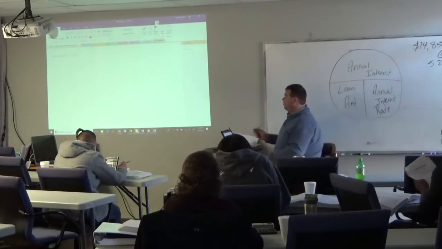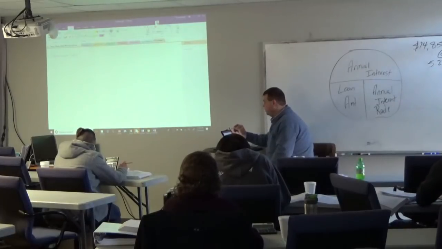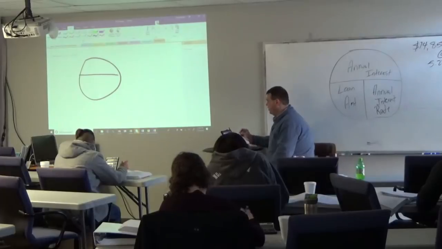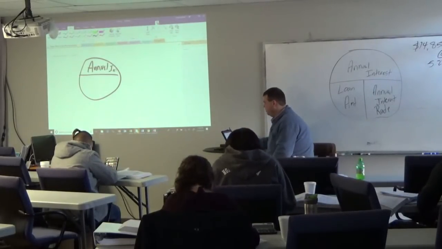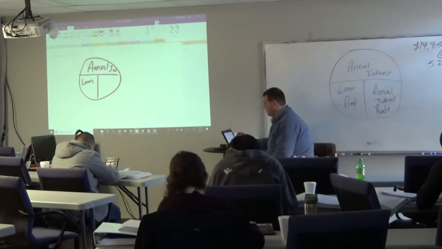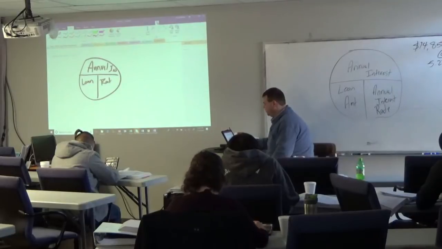Well, we know that that's just going to be pretty simple at this point, right? We're looking at this T-bar right here, annual interest over the loan amount times the interest rate.